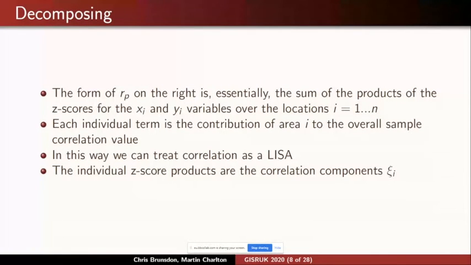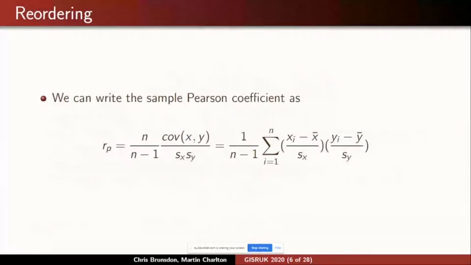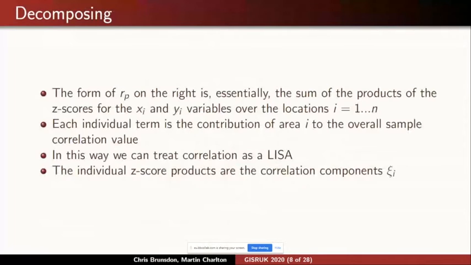The form of r on the right, going back to there, is effectively the sum of the products of the z-scores for the xi and yi variables over those locations, i is 1 to n. Each individual z-score product is the contribution of area i to the overall sample correlation value. When you add them up, you get the sample correlation value.